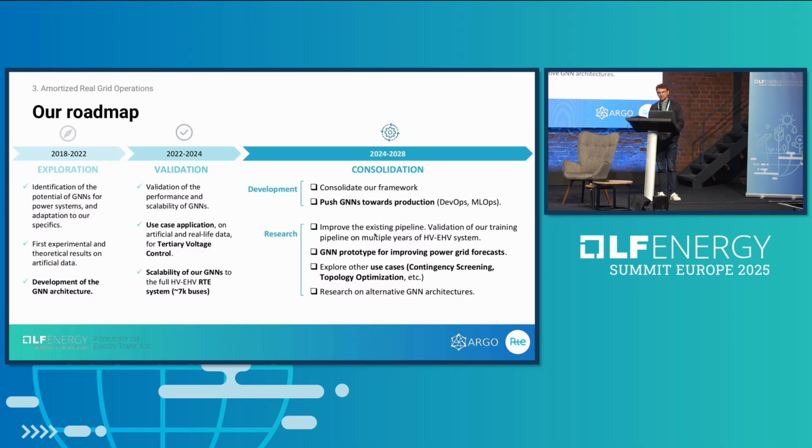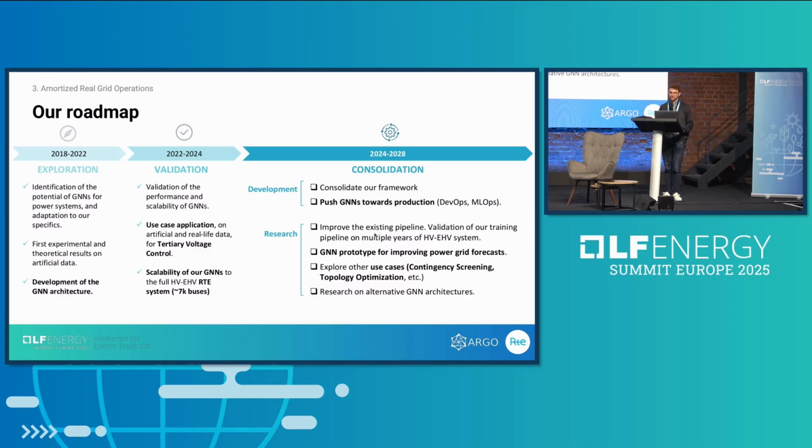And then since 2024, we have entered a consolidation phase that has two different aspects, so development aspects and also research aspects. In terms of development, we want to consolidate the pipeline. We want to consolidate the framework, and we want to push these graph neural networks towards production. So that means including some good practices from DevOps and MLOps.